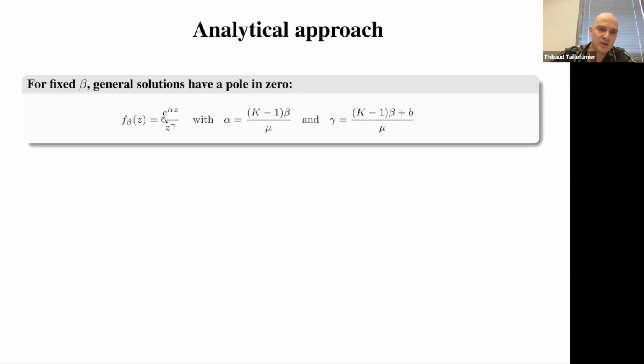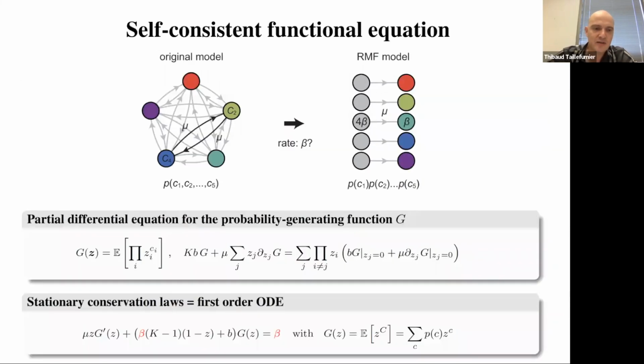Here there's a singularity because the generic form of the solution all have a pole in 0, okay? And now it's interesting to us, and that's the part where there's a little bit of analysis, because if my solution G is physical, if it represents the probability distribution of some dynamics, of some stationary state, sorry, it cannot have a singularity. It has to be analytical everywhere, okay?